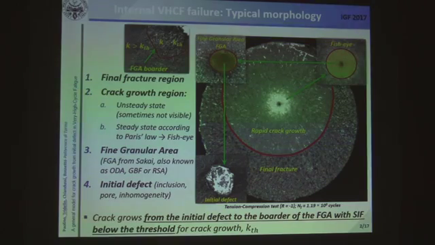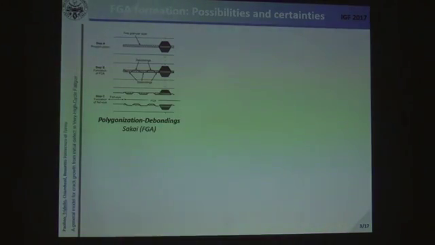So a number of different theories were proposed to justify this strange behavior. For example, Sakai proposed that polygonization in the boundaries near the defect is the reason for the crack growth. Grad found local grain refinement near the initial defect.